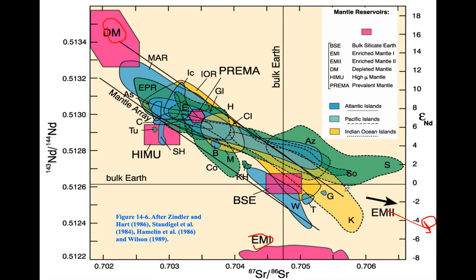Okay, so anyway, if you consider these three components, just these three components, DM, EM1 and EM2, you can consider them, and you will see if you draw some lines connecting those reservoirs. Okay, if you draw some lines connecting these three reservoirs, what's resulting?